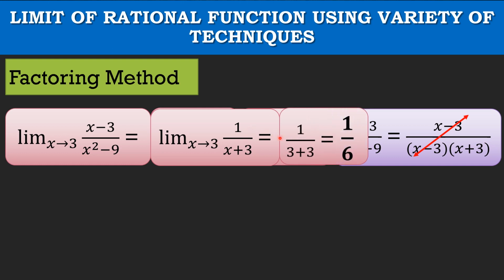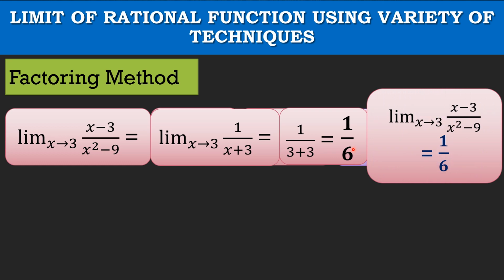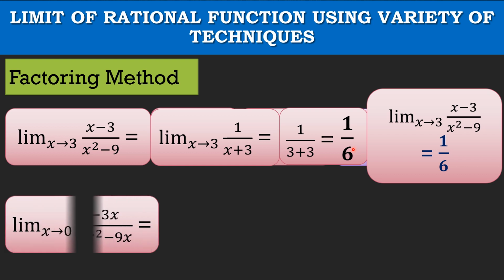So the limit becomes 1 over 3 plus 3, or that is 1/6. That is the limit of your function. So the final answer, limit of x minus 3 over x squared minus 9 as x approaches 3 is equal to 1/6.